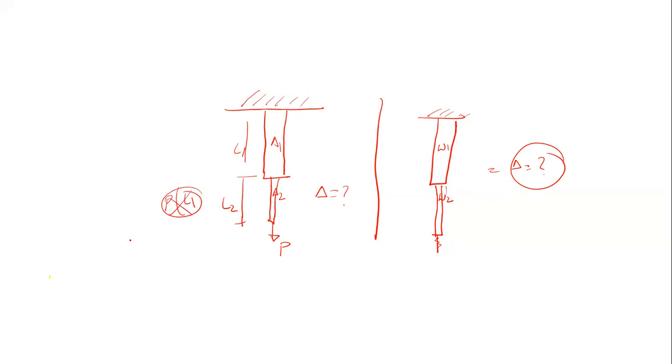So the total deformation delta will be equal to P upon E, or we can say that it will be equal to P L1 upon A1E less P L2 upon A2E. Here we are not considering the self weight of this body. Or if we are considering the self weight, then we have to draw a free body diagram.